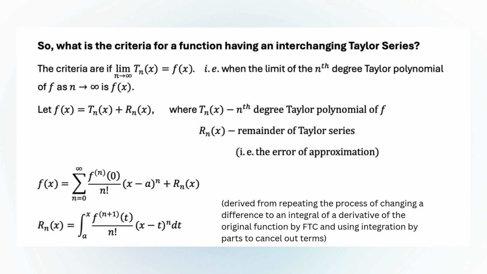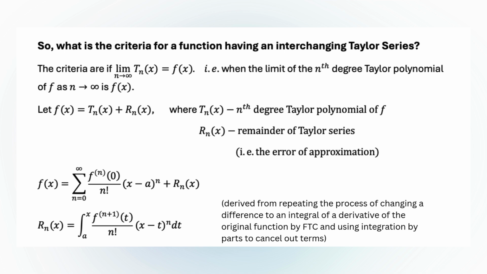R sub n of x equals the integral from a to x of the n plus 1th derivative of f evaluated at t over n factorial times (x minus t) to the power of n with respect to t. This expression comes from repeatedly converting differences into integrals using the fundamental theorem of calculus and applying integration by parts to cancel out terms.